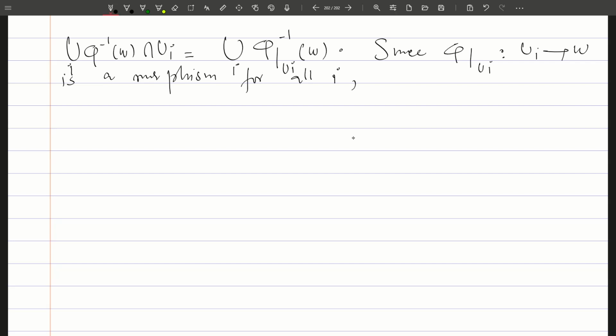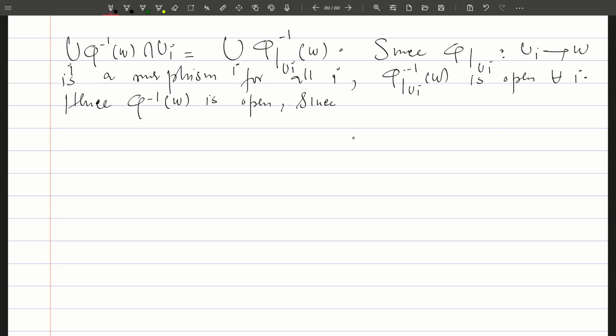So this would imply that the inverse image under the restriction map of W is open for all i, because each phi restricted to U_i is continuous. Hence phi inverse W is open, since the union of all these U_i is X. So this proves the first item, that phi is continuous.